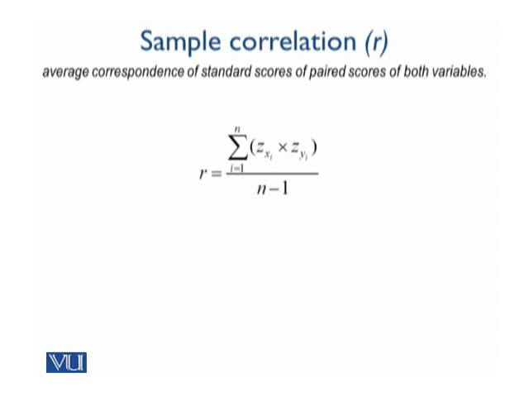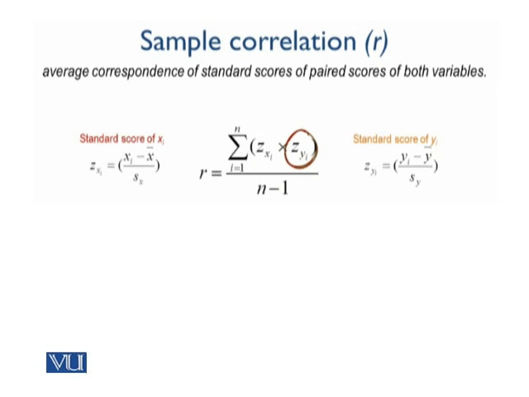So you are multiplying the z-score for the x variable with the z-score of the y variable, and you're doing this for all your pairs, and you add it up and then you take an average of it. So if you see, the denominator has n minus 1, so it's a special kind of an average, and we've already seen this when we talked of estimating from a sample.